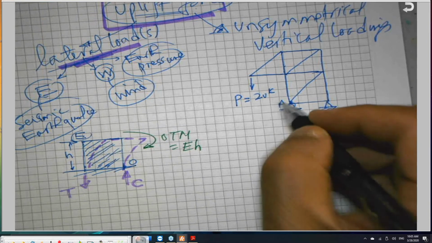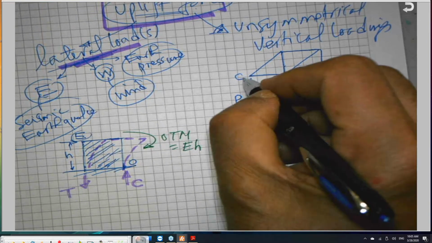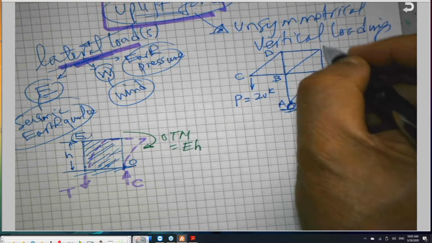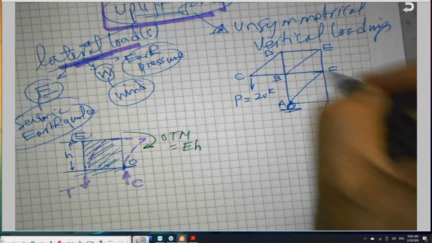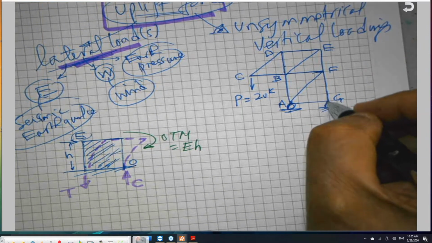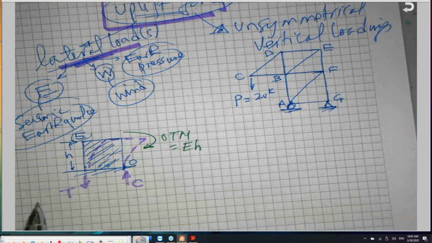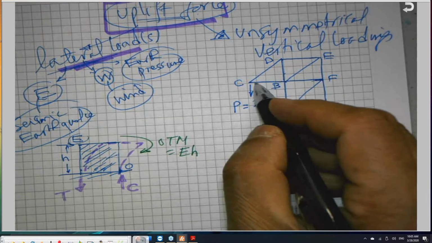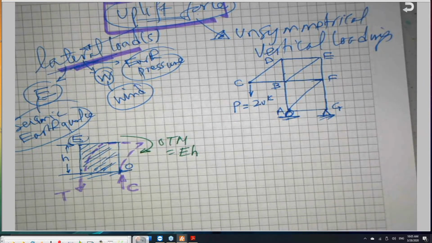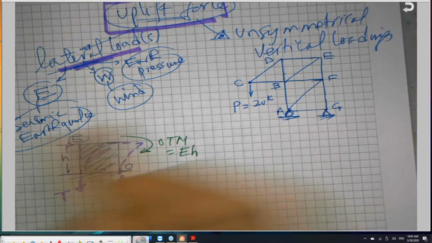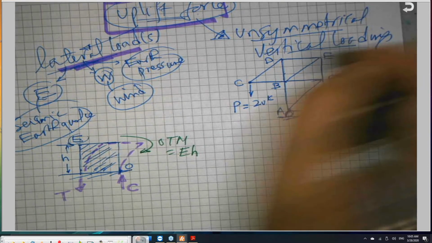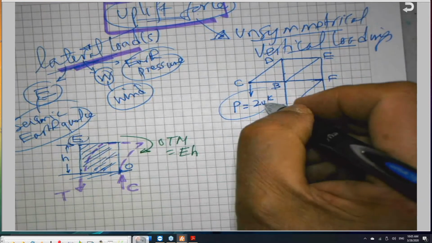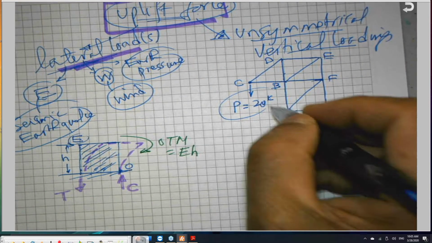And this is A, B, C, D, E, F, and G. This is unsymmetrical loading. The loading is acting at joint C, but it is not symmetrical. Symmetrical means that it will create a mirror image. This is a vertical load.